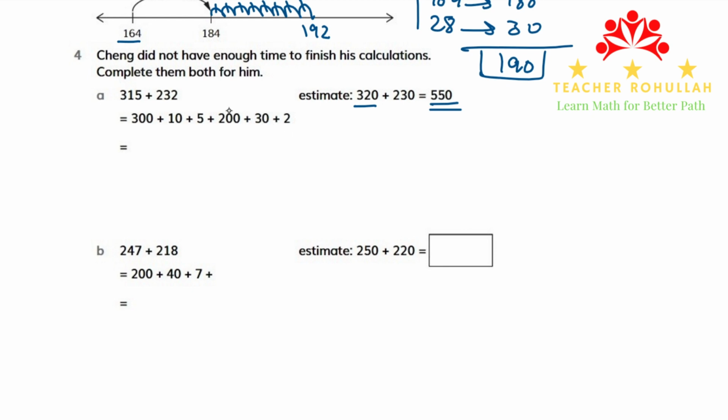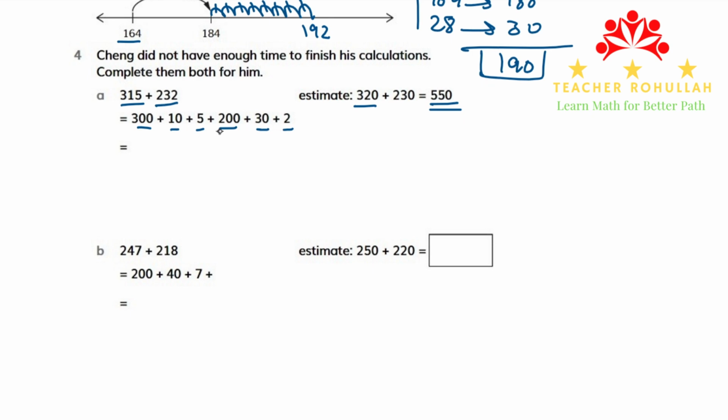We have to first find out what way he used. He used partitioning over here. He partitioned 315 into 300 plus 10 plus 5 and 232 into 200 plus 30 plus 2.